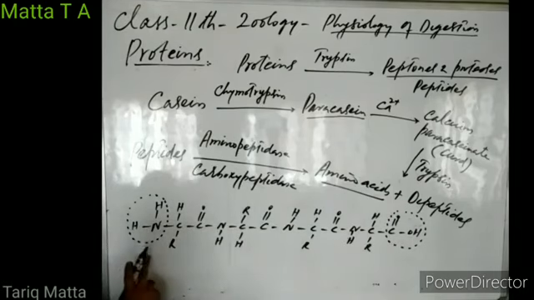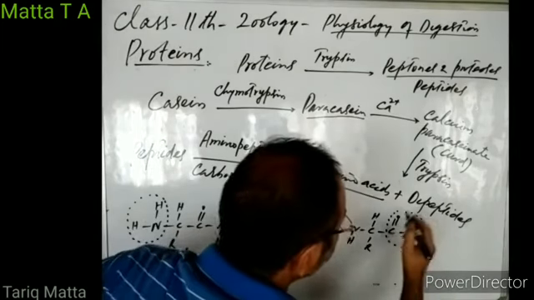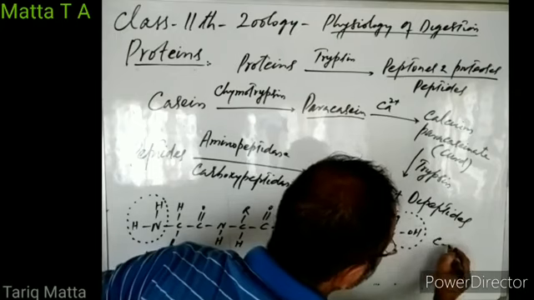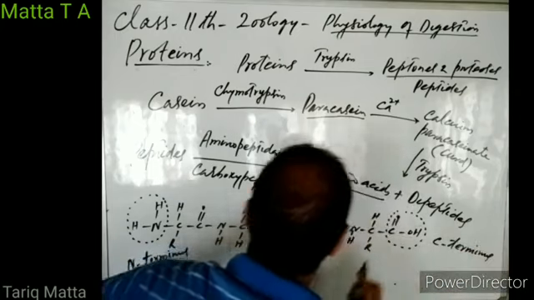The end of this peptide chain which has the free amino group is known as the N terminus. And the side of the peptide chain which has the carboxyl group is known as the C terminus.